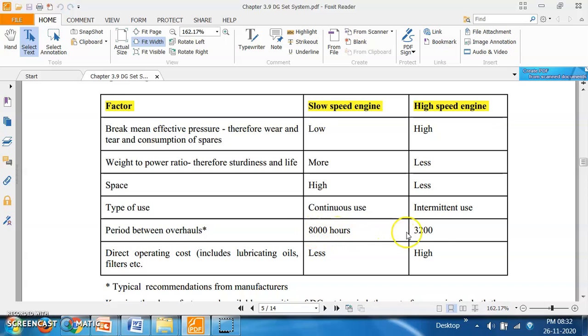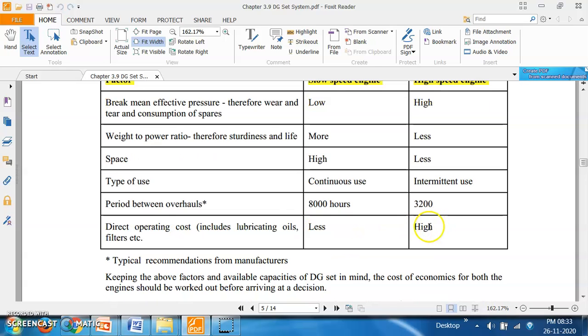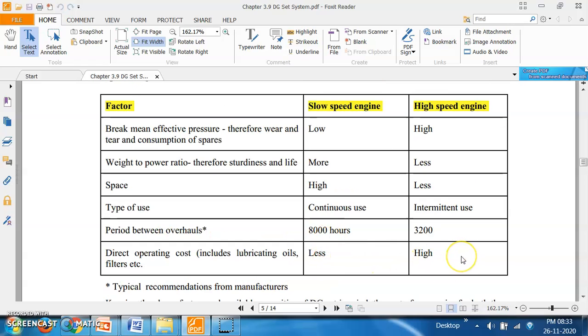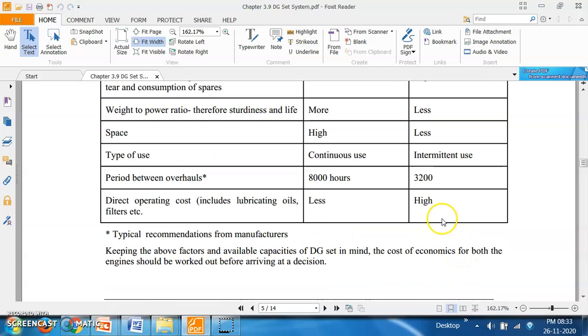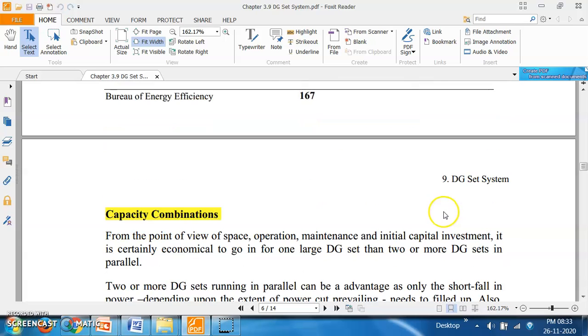So this is nothing but similar to your two-wheeler. First 3 months you need to go for a service, and after that another 2 months you need to go for a service, likewise in terms of hours, right? So direct operating cost for a slow speed is very less, for high speed it is high. So based on that we need to select either slow speed or high speed.